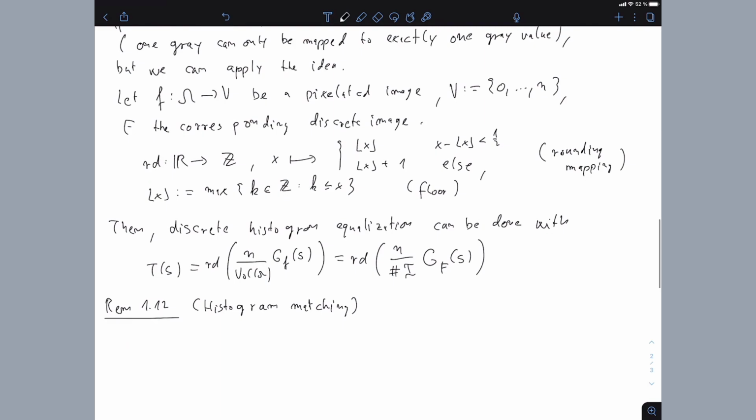The setting that you can think of is that we have images of the same scene taken with different sensors. Those can have very different histograms.